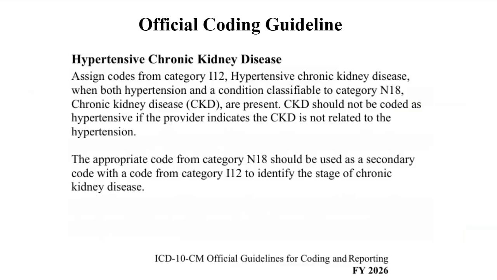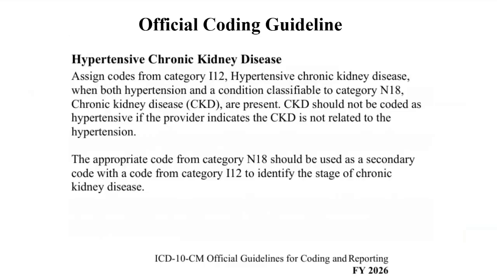Okay, this is the official coding guideline. As it states here, assign codes from category I12, hypertensive CKD, when both hypertension and a condition classifiable to category N18, chronic kidney disease, are present. CKD should not be coded as hypertensive if the provider indicates CKD is not related to hypertension. So we never got that, right?